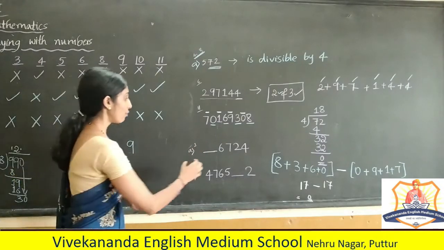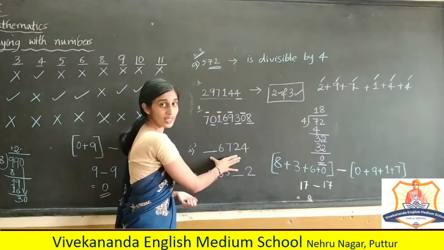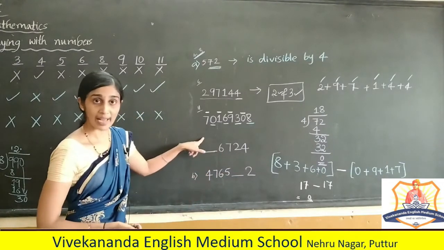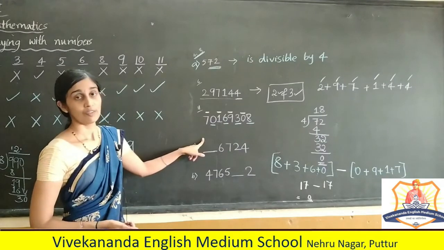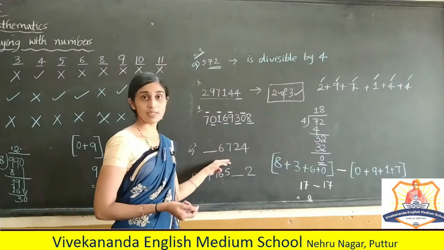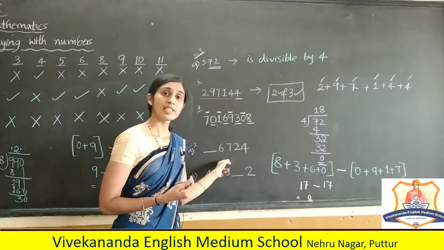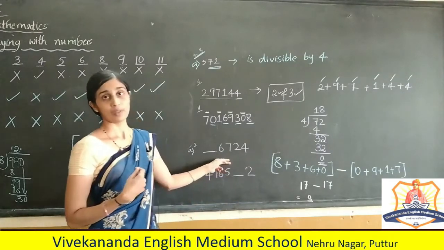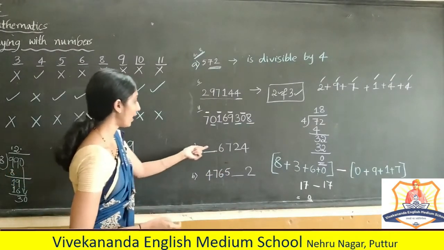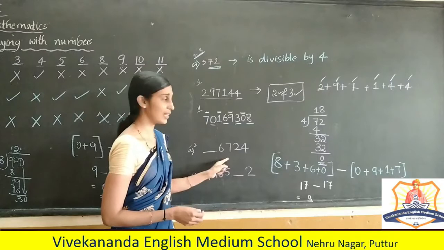So, we should frame the 5-digit number by filling the blank here. We should frame 2 separate 5-digit numbers which are divisible by 3. So, smallest and greatest number. How to check the divisibility by 3?